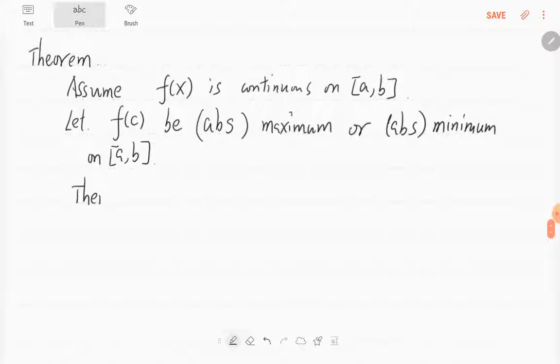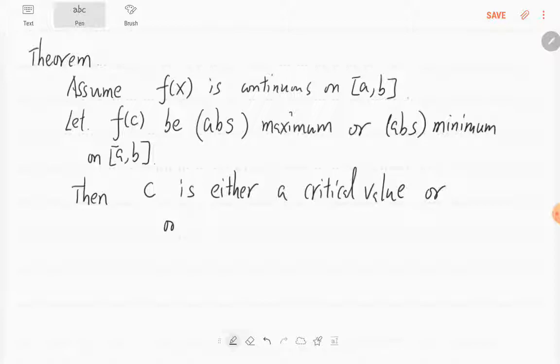Then c is either a critical value or critical point, or one of the endpoints, a or b.